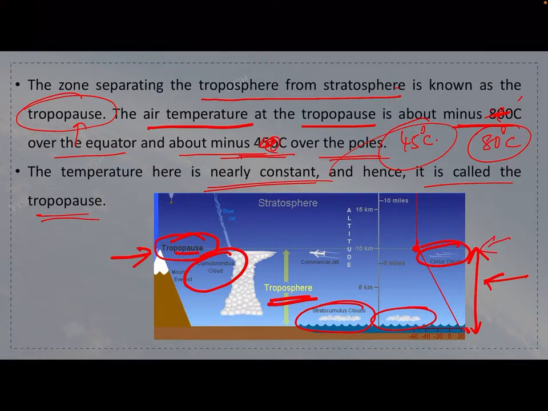You will see the clouds in one of the chapters, what kind of clouds and which are the major clouds. This is the troposphere, this is the stratosphere, and this is the tropopause. Most of the commercial jets, the normal flights which we travel on, are in the troposphere itself.